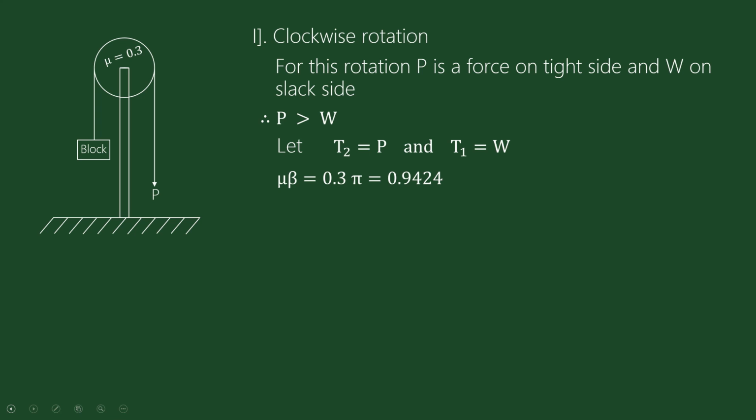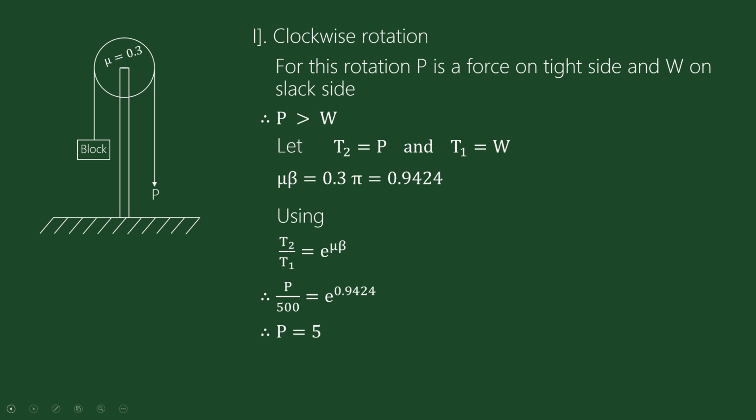Now, what is unknown here? P is unknown. So, instead of using the equation of log, it is better to use the second equation, which is in terms of the exponential term, and here we are going to use T2 upon T1 is equal to e raised to mu beta. Now, T2 means P, T1 means W, and mu beta means 0.9424. Just substitute in this equation. So, P upon 500 is equal to e raised to 0.9424.